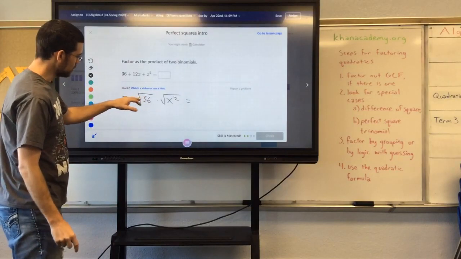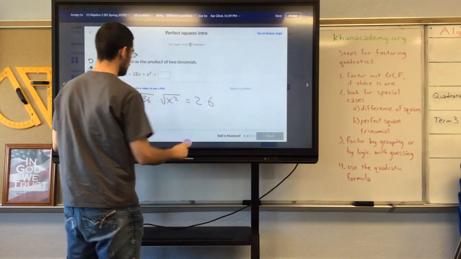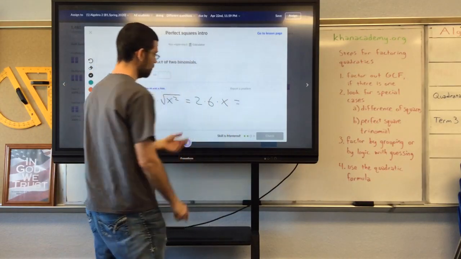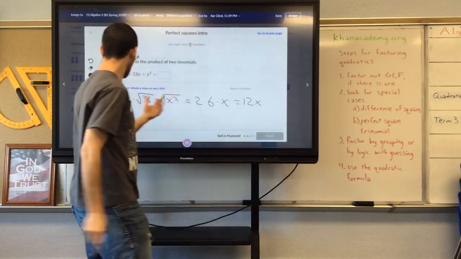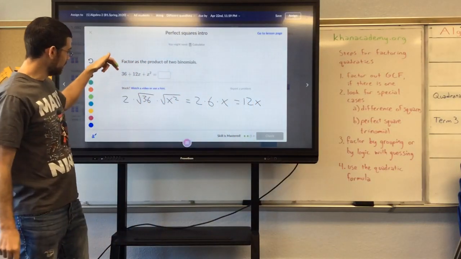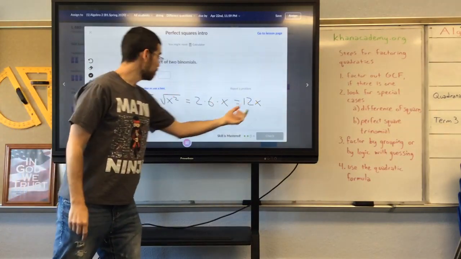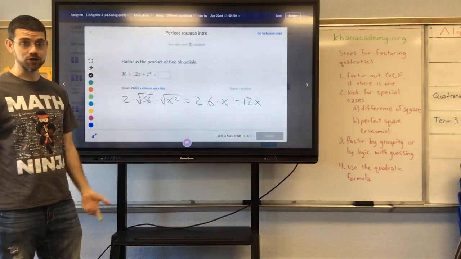The square root of 36 is 6, the square root of x squared is x, and so the middle term is 12x. That ends up being the middle term, which is how we know for sure this is a perfect square trinomial.